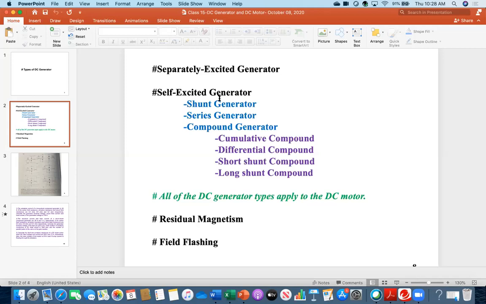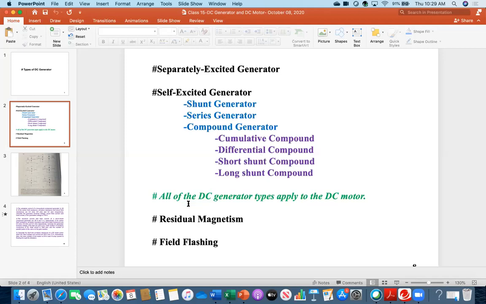I am showing you that diagram. Then there is the series generator, and the compound generator. Compound generator again has several classifications: cumulative compound, differential compound, short shunt compound, and long shunt compound. You see there are lots of things.